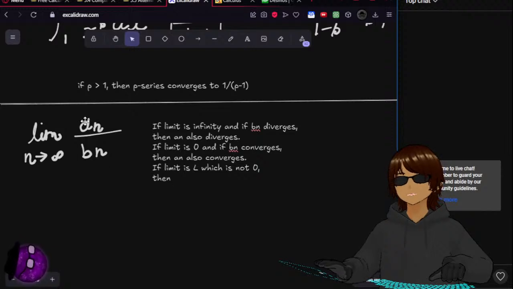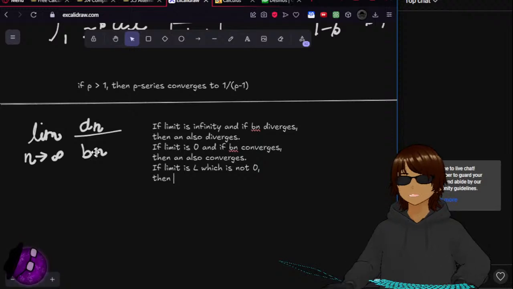If this converges and this diverges, then the limit goes to 0, right?